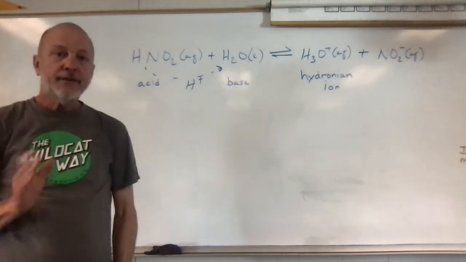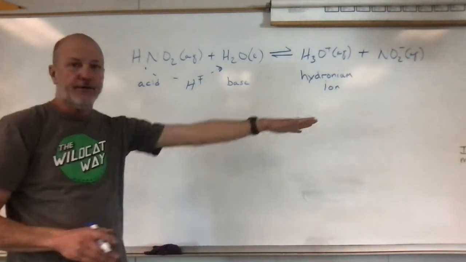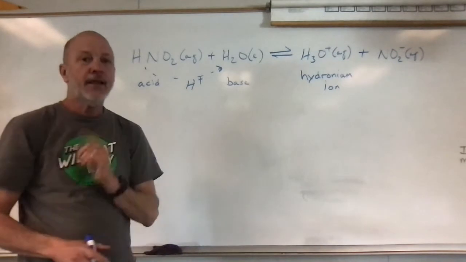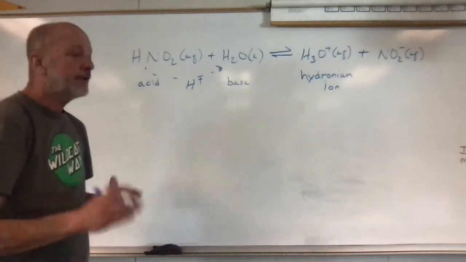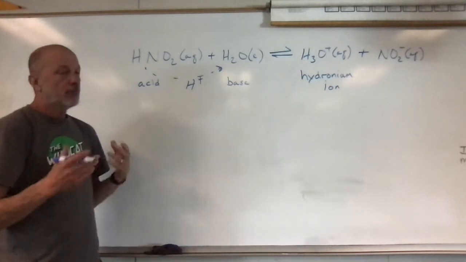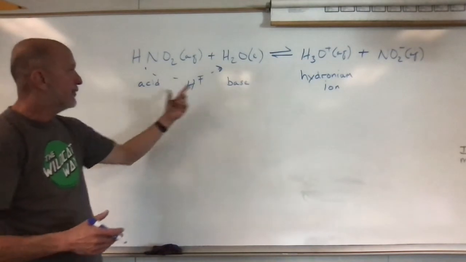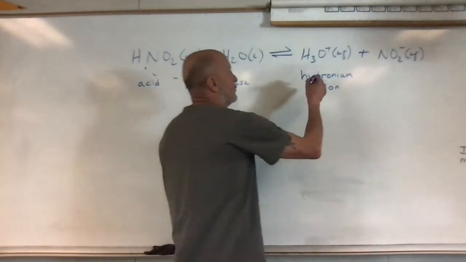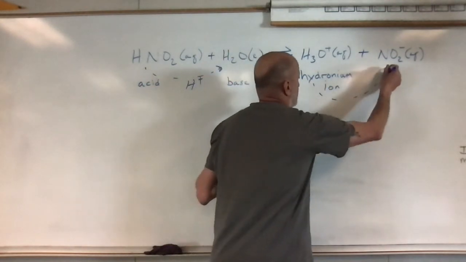Now, in this case, the first one was not 100% that way, no reverse reaction. For this acid, and for most acids, there is a reverse reaction. What is the reverse reaction? That proton that got donated to water goes right back. It's the reverse reaction.